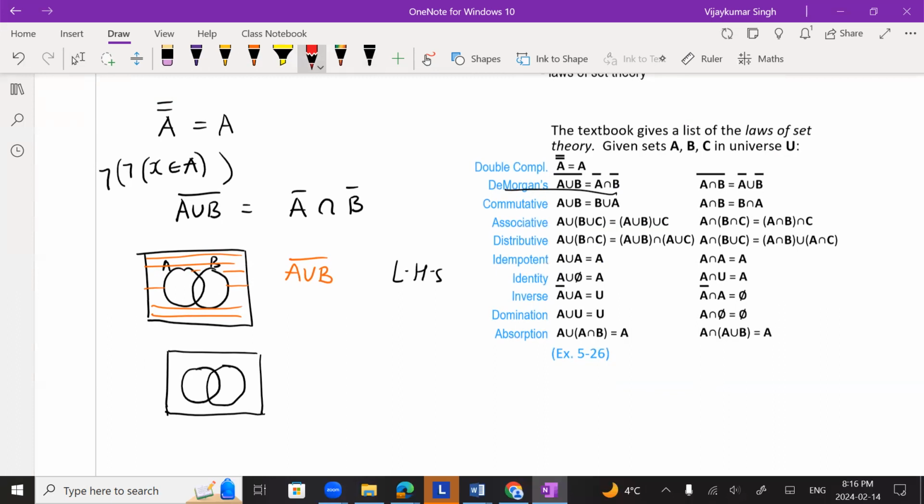So A complement is what? It is basically everything outside A. If you want, you can color it. Now that is my A complement. What is my B complement?